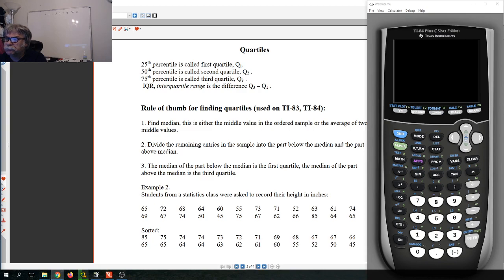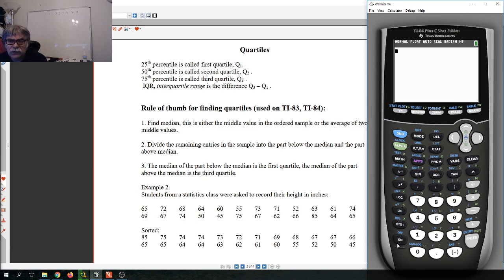To be able to do that, you would need to have the quartiles, the first, second, and third quartile, and of course it's relatively easy to find out the minimum and maximum of the sample. So this is the basic rule how to do that.